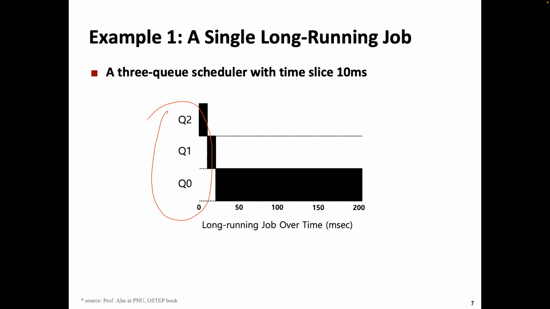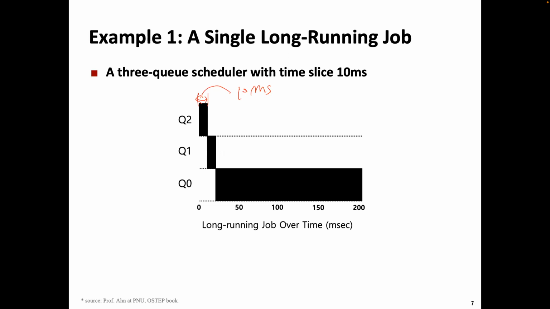The first time, the job is executed on Q2, the highest priority, and you might notice that there is a time slice of 10 milliseconds. So after 10 milliseconds on the CPU, the job's priority is evaluated.